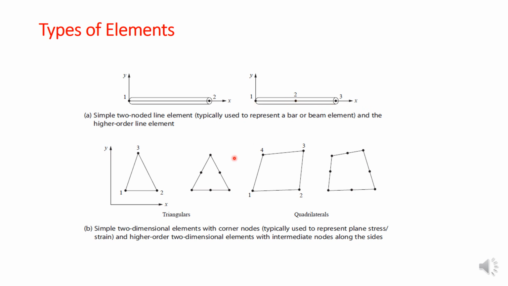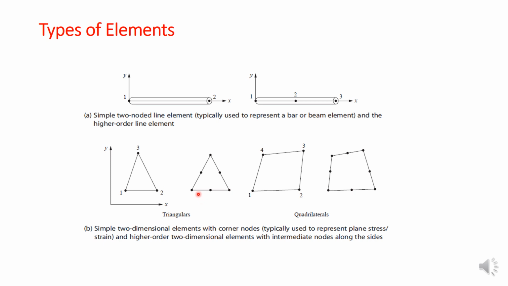Similarly, we have two-dimensional elements. Commonly used two-dimensional elements are triangular and quadrilateral elements. These are used for solving plane stress and plane strain problems. We can also have higher order two-dimensional elements, such as this one, which is a six-noded triangular element.